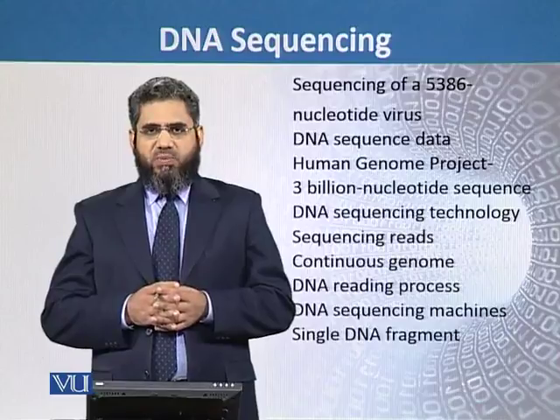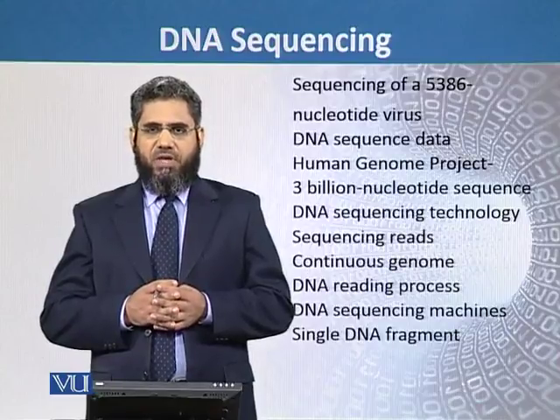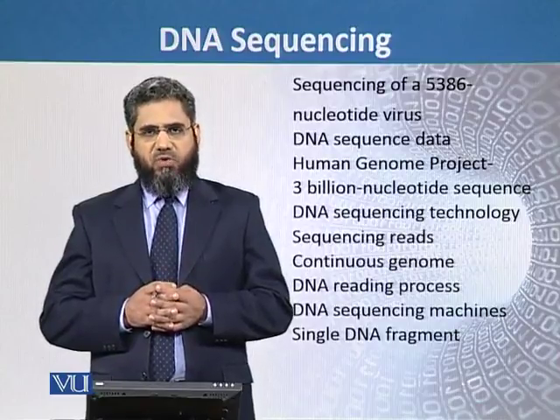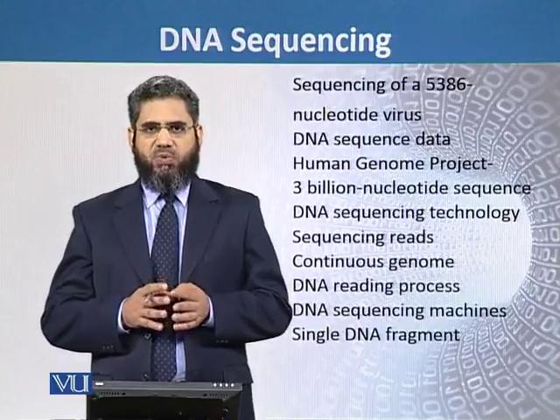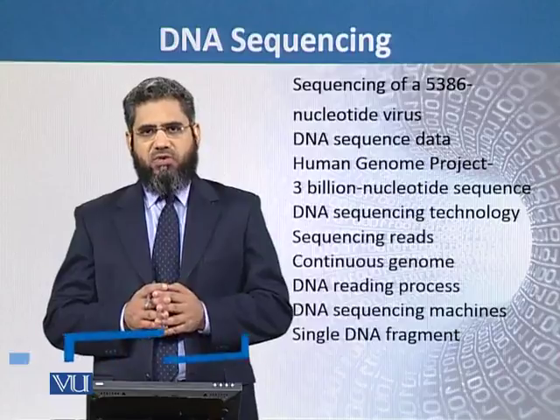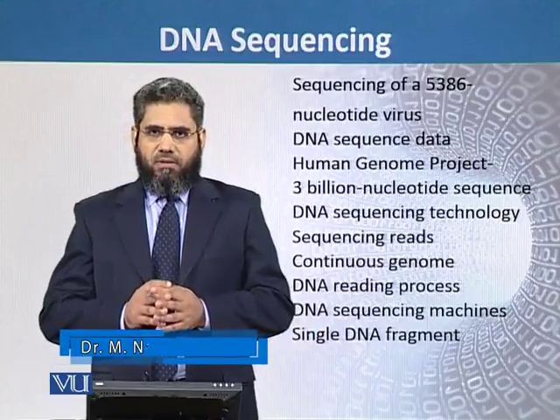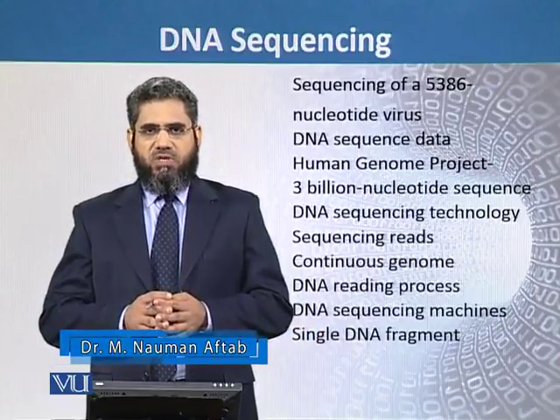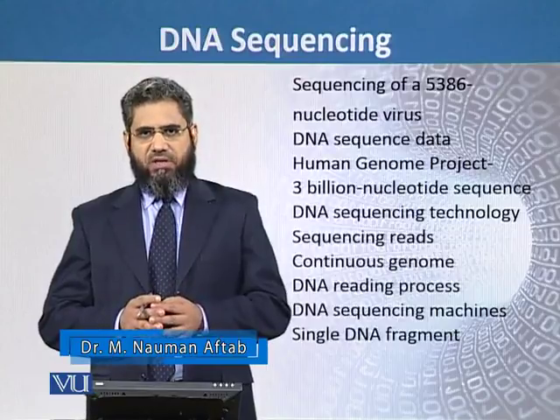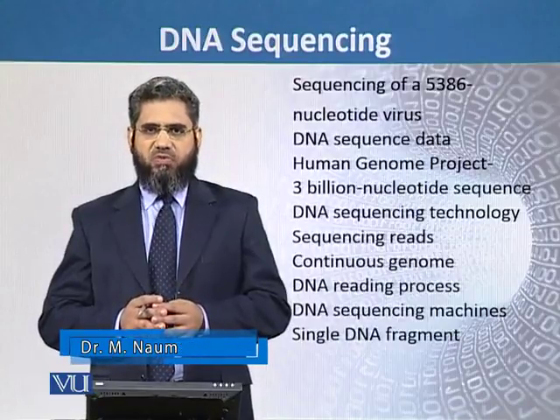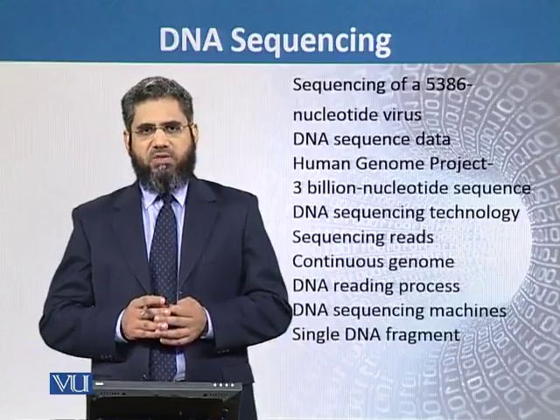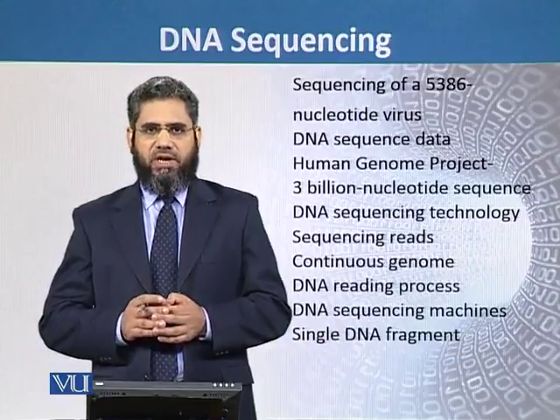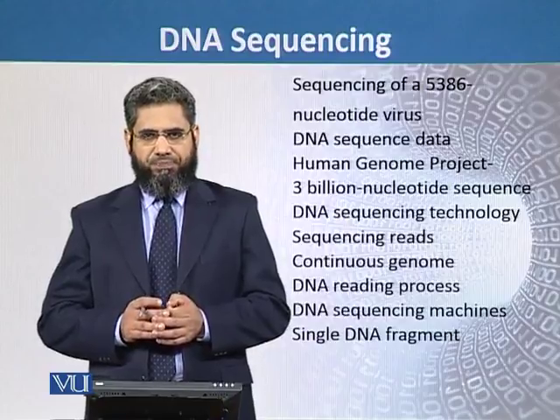By using this method, there was an increase in the sequencing data, at an exponential rate, and that rate increased even more when the Human Genome Project was started in 1988. After the completion of the Human Genome Project, approximately 3 billion nucleotides were sequenced.